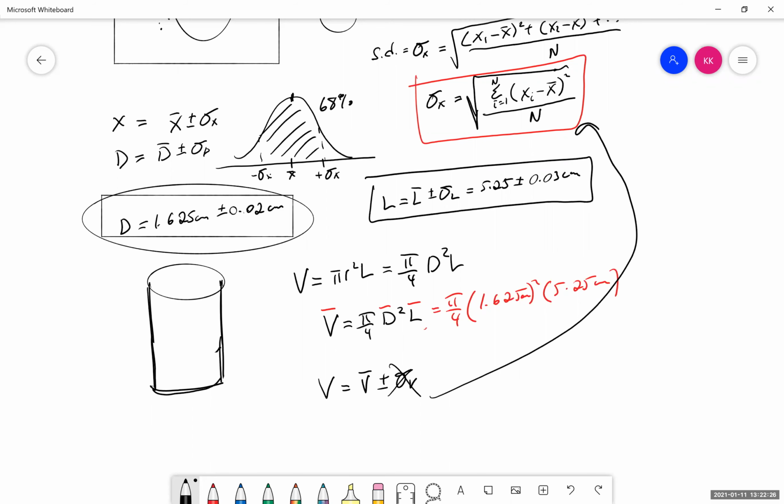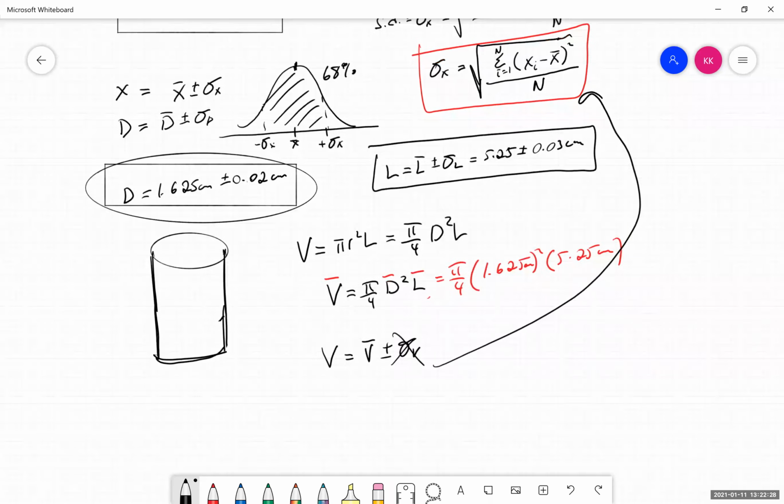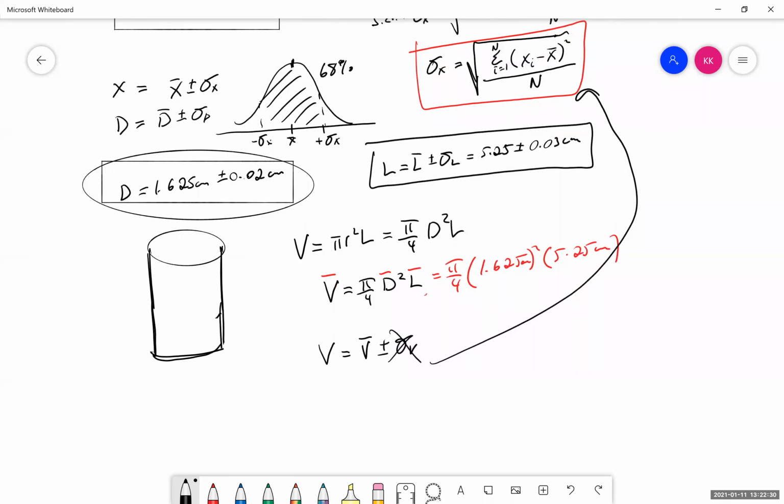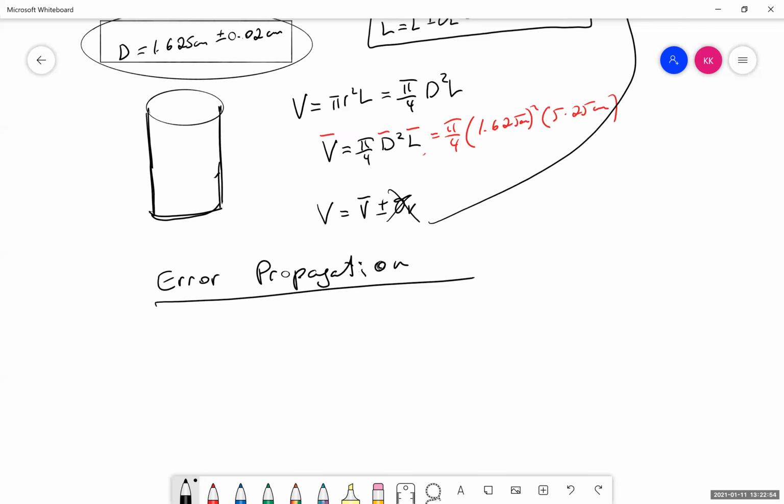So we're going to use error propagation, which is the second part of this experiment. Error propagation is a technique that allows us to find the errors involved in finding the volume. All right, so let's do this then.